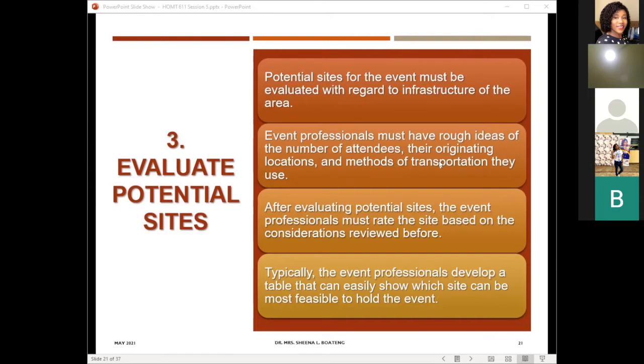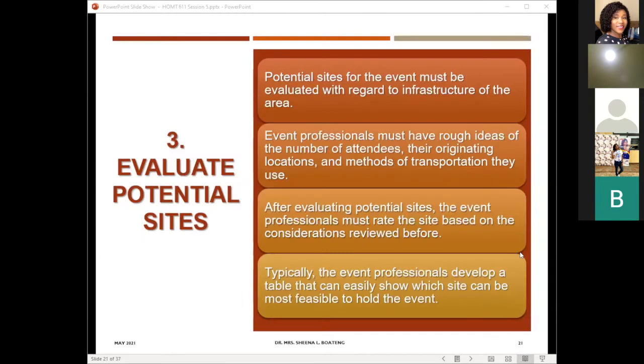So the sites with the highest marks in terms of the checklist items ends up becoming the most preferred, all the way down to the least preferred site, which would have met less of the criteria indicated on the checklist. So in evaluating the site potentials, we do that strictly by the criteria that was observed during the site inspection.